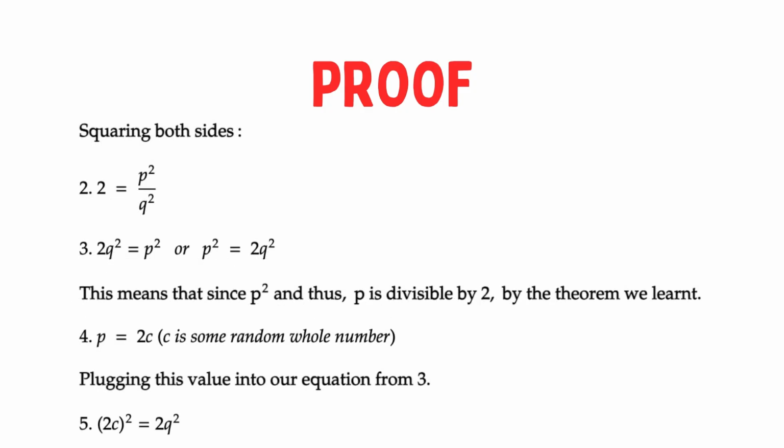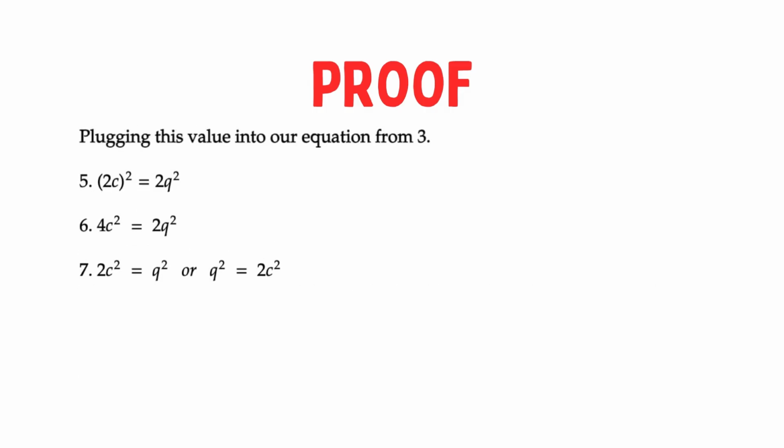Now, next step, we can say that p is equal to 2 times c. C is some random whole number, right? Because obviously 2 divides p. So that means that 2 times a number is equal to p. Now, if we plug in this value into our equation from number 3, this means that (2c) squared is equal to 2q squared, which means that 4c squared is equal to 2q squared.